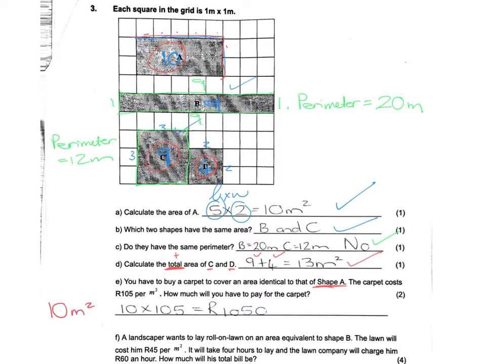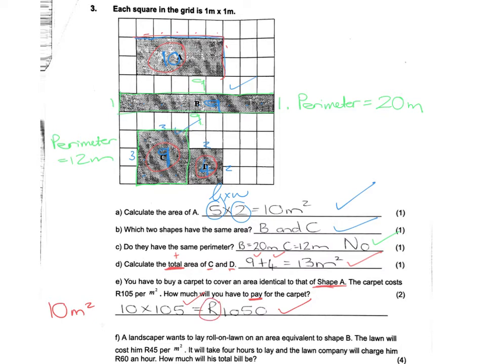The carpet costs 105 rand per square meter. So for 1 square meter, it's 105. But I need 10 of them. So I will say 10 times 105. And basically 1 mark for knowing you had to do 10 times 105 and 1 mark for getting the answer right. How much will you pay obviously means your answer is in rands.